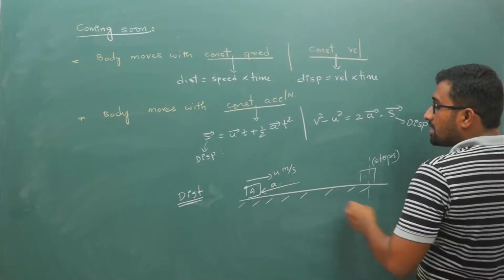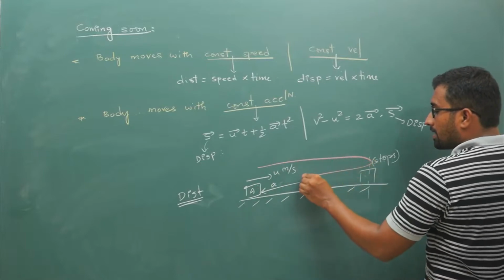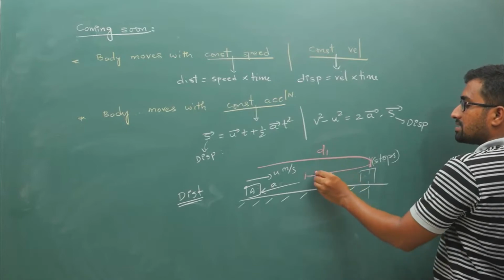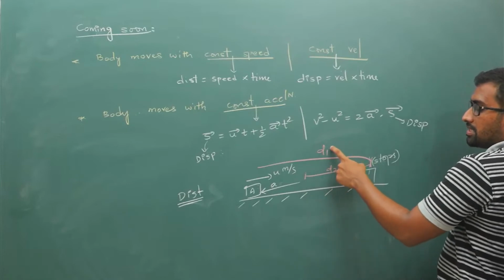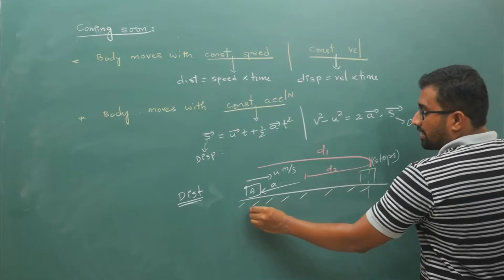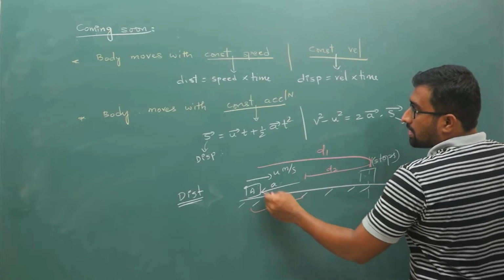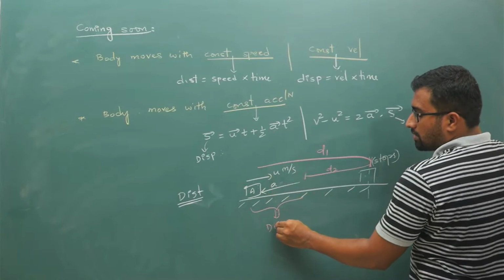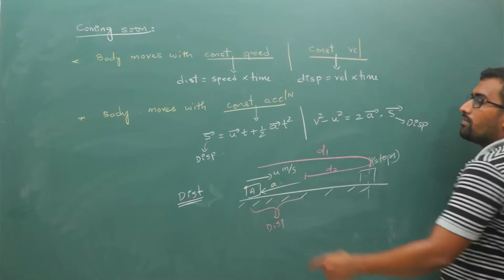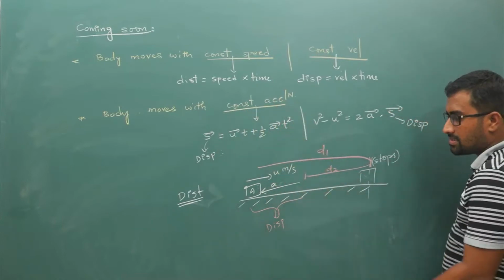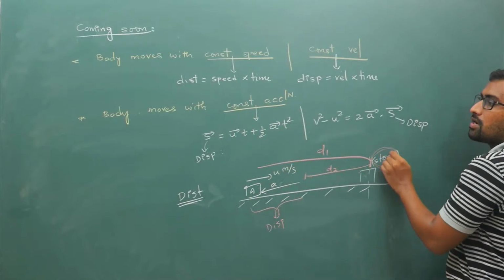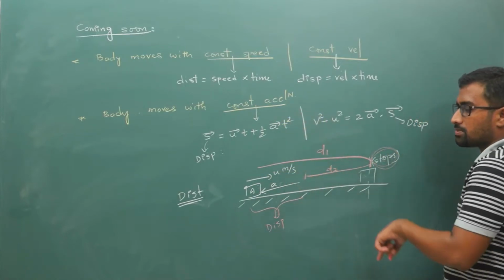But when the body comes and returns back, distance is d1 plus d2. If you directly apply S bar equals u bar into t plus half a bar into t square, you get displacement. So with constant acceleration, you have to look for this stopping point and then calculate distance and displacement accordingly.